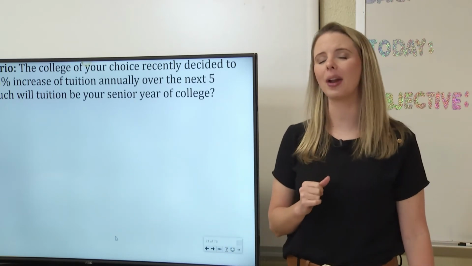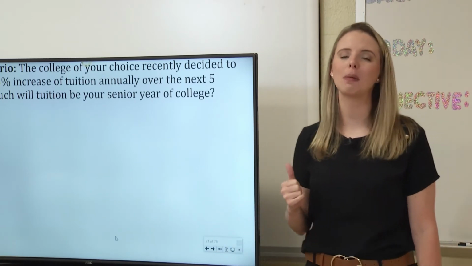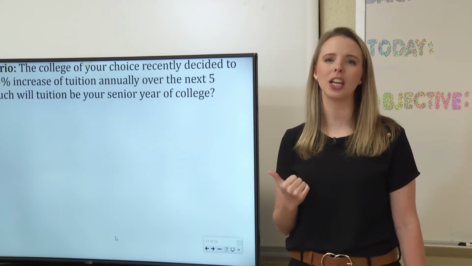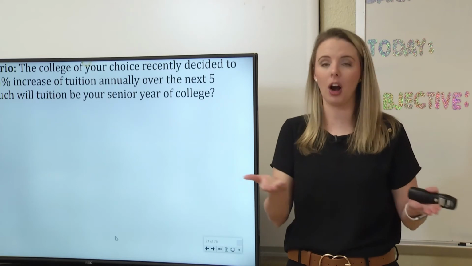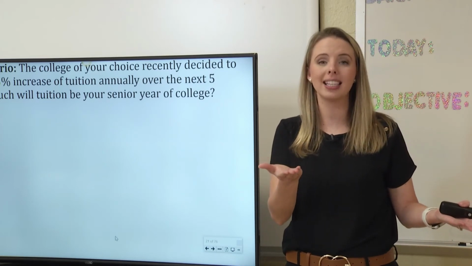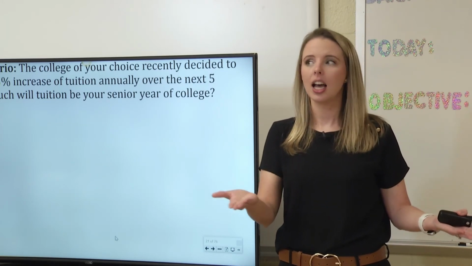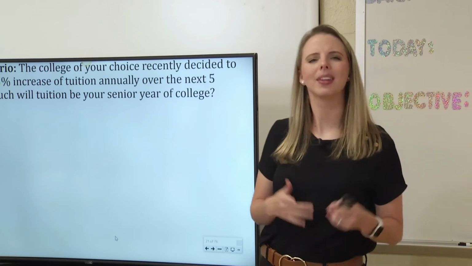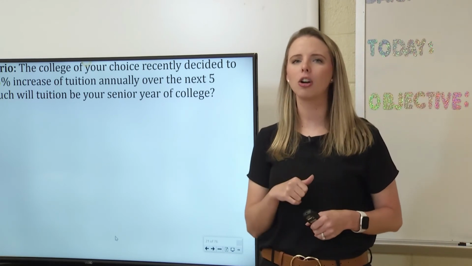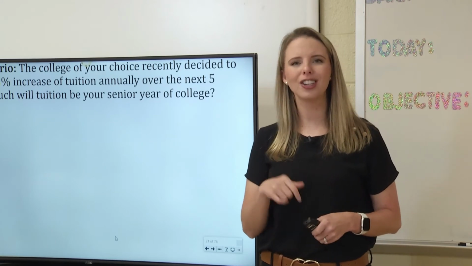Well, you just found out that the university had to implement a 5% raise in tuition over the next 5 years to compensate for all the rise in costs that it takes them to run the university. So my question to you, now that you know that there's going to be a 5% increase, how much is it going to cost you to attend that school your senior year of college?